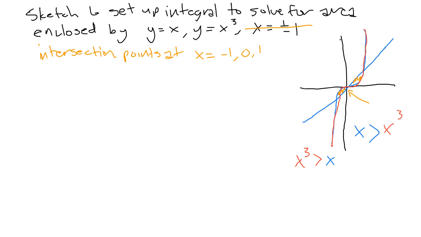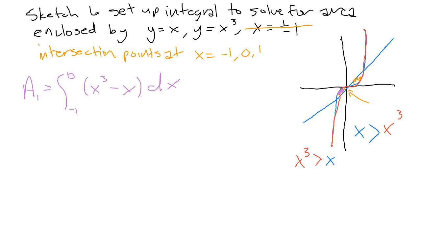So what we can say is that A sub 1 is going to be this part right here, and that is going to go from -1 to 0 of x cubed, because that's the bigger function, minus x dx.